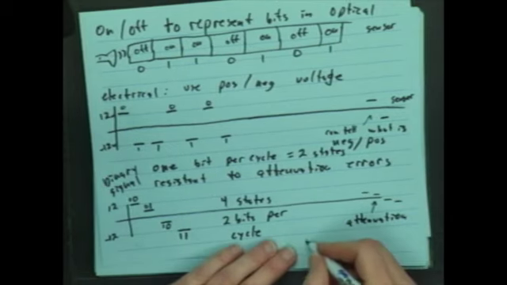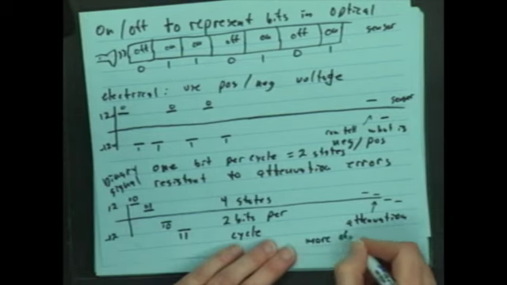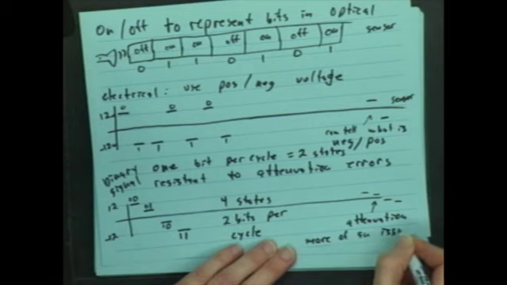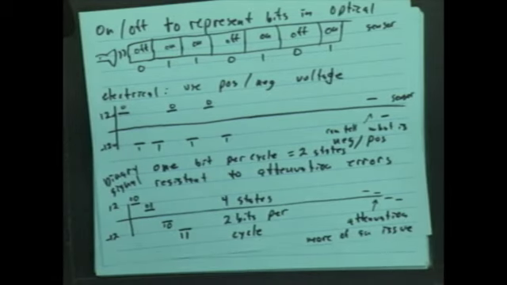So attenuation here is more of an issue. Okay? We good with that? So here it was just negative from positive. That's easy to tell. But when I'm trying to tell the difference between 2 positive voltages that are really close to each other, then I've got problems. So attenuation is more of an issue.